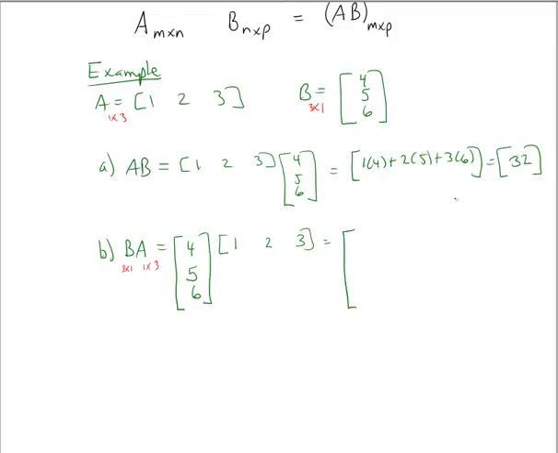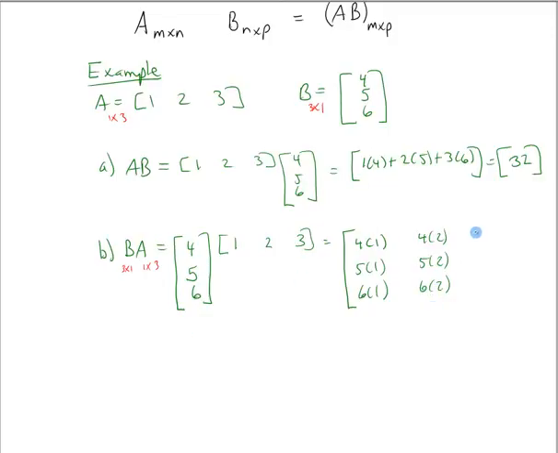Well, in this first top left element, that'll be 4 times 1. Next element, I will have 5 times 1. Next element will be 6 times 1. Now we're working on the second column. I'll have 4 times 2, 5 times 2, and 6 times 2. And then I'll have, for my last one, I haven't used the 3 yet.